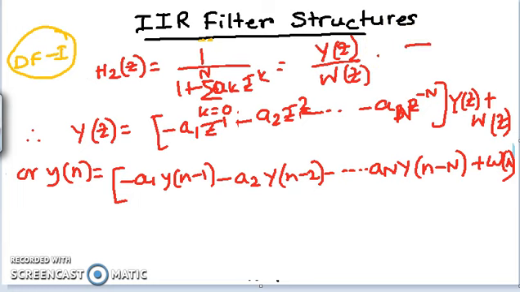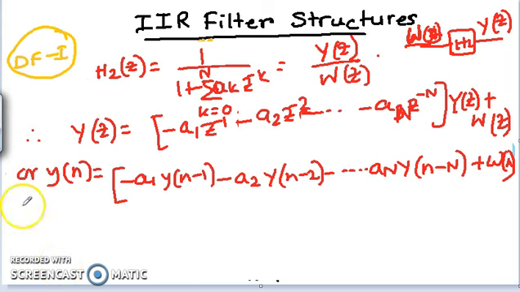Now in this system my input is w(n), or in transfer function form W(z), and this W(z) is entering into my all pole system H2, and the output I am getting is Y(z). So now the transfer function will be between Y(z) and W(z), and if I arrange this transfer function in this way and go for the form of difference equation, I will get this structure.